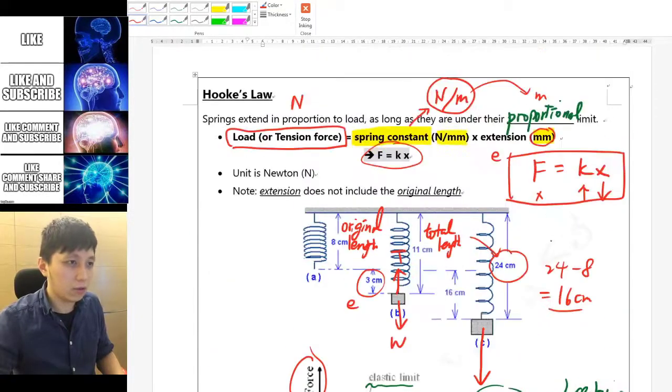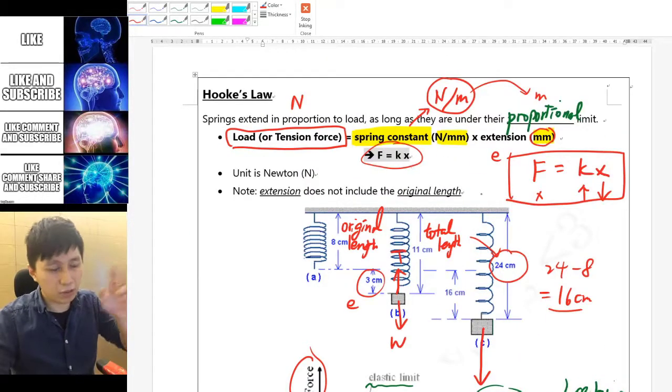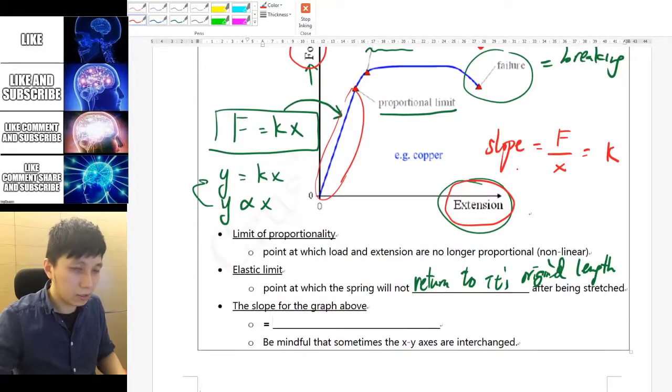If you recall Hooke's law itself, you just have to rearrange it. So that's what you can put down, equal to F over x, which equals k, and that is the spring constant.